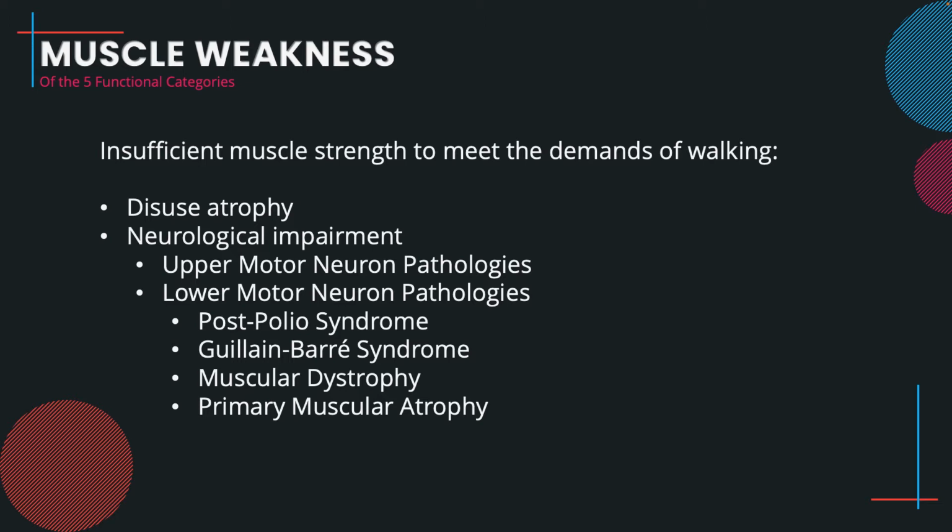So they still have intact motor control and sensation. They're able to feel where they're putting their joints and control all of their muscles individually. They just might not have enough power in their motor units to be able to create lever arms where their muscles are going to have to generate a lot of force to keep their joints stable. And so they can compensate by just decreasing the lever arms by shortening their step length.